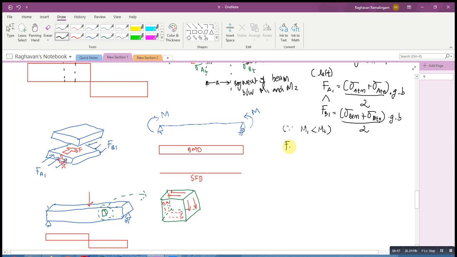Okay. So, which means FA1 minus FB1 is not zero, and therefore there is no equilibrium along X, which means there is a force needed for this equilibrium.